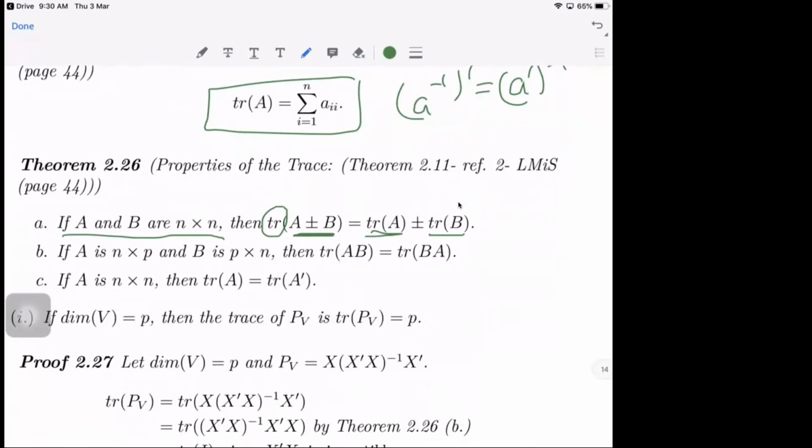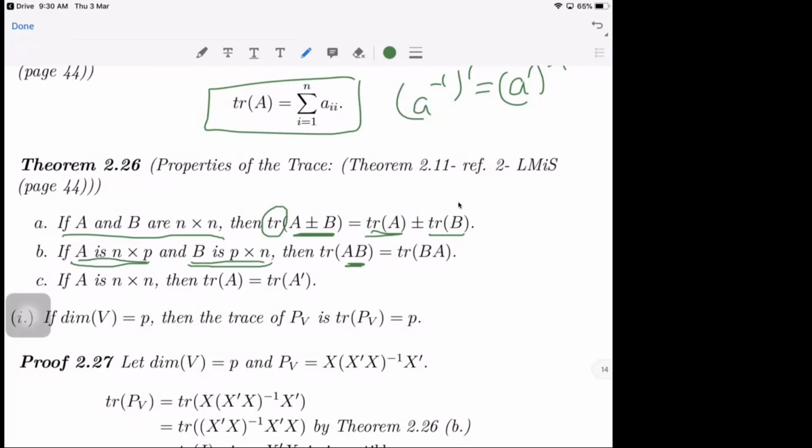Next, even if the matrices are not square, as long as the product is conformable and it becomes a square matrix, because trace is defined only on a square matrix. So if you have two different matrices, say N by P and P by N, as long as we get the product which results in a square matrix, then you can get the trace.